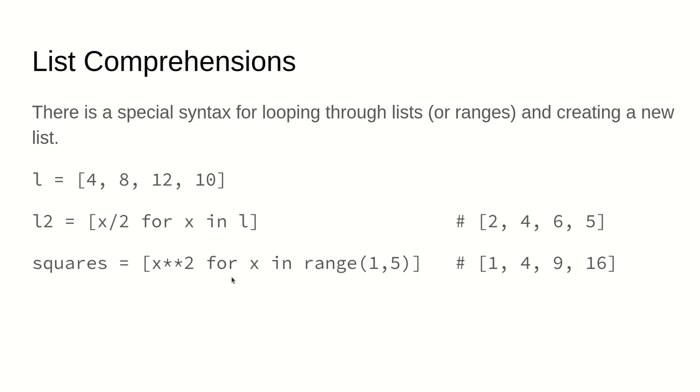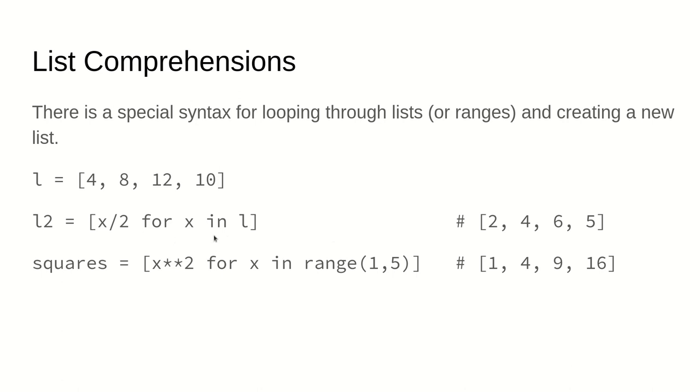Similarly, if I knew I was building a list using a range, for instance, here I've done the range 1 through 5, where 1 will be included and 5 will not be included, you may recall, and I'm squaring it. That's what the two multiplication symbols mean, a power. So in Python, I can do power of 2, or squaring, by doing times times 2. So I take each x in that range 1 through 5, that means the numbers 1, 2, 3, and 4, and I'm squaring it.